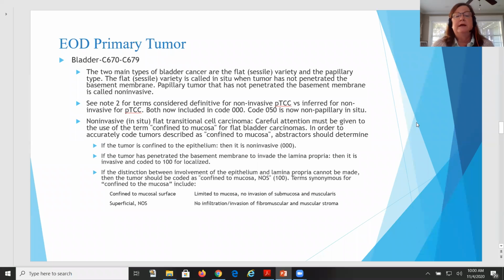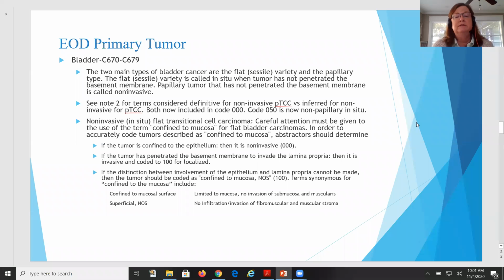If the tumor has penetrated the basement membrane to invade the lamina propria, then it is invasive and coded to 100 for localized. If the distinction between involvement of the epithelium and lamina propria cannot be made, then the tumor should be coded as confined to the mucosa NOS.